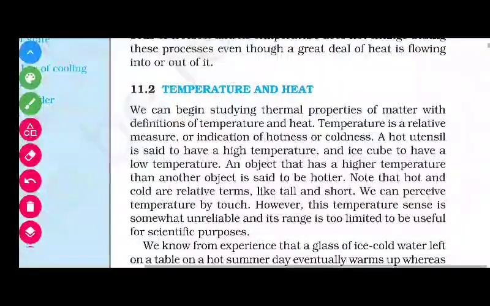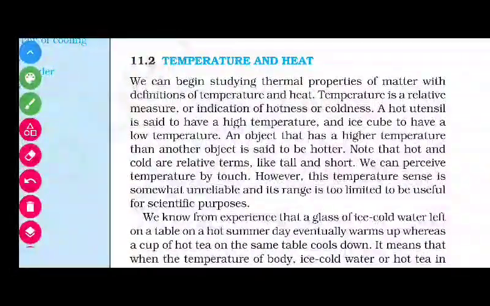We'll first see the temperature definition. Temperature is a relative measure or indication of hotness or coolness. A very common definition we have been reading from our lower classes. Temperature is the degree of hotness or coolness.